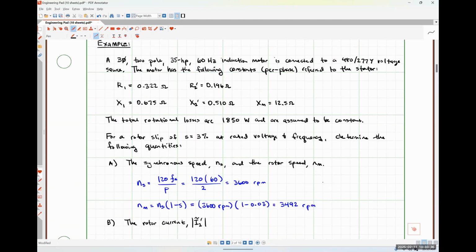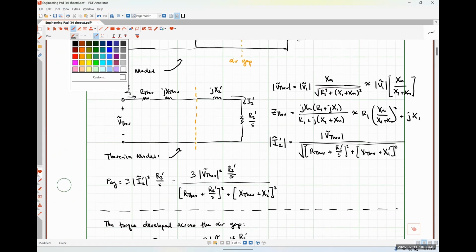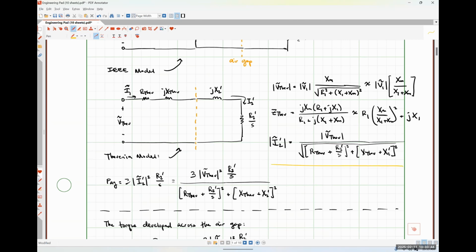If we go back up to our recap from earlier today, all we're going to be doing is applying this equation right here. However, this equation has several constituent subparts that we also need to figure out, where we can find the Thevenin.